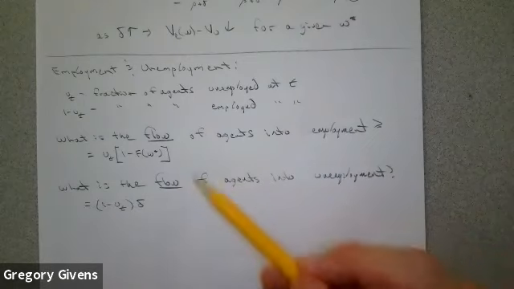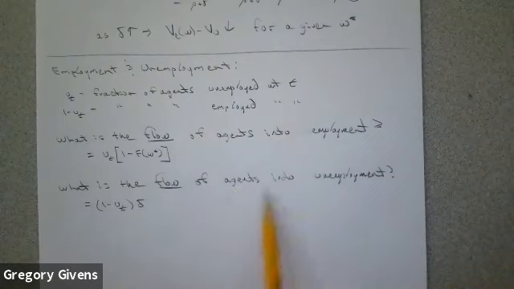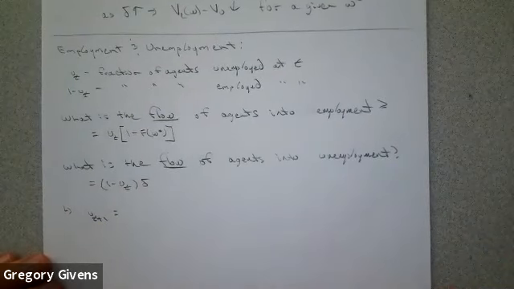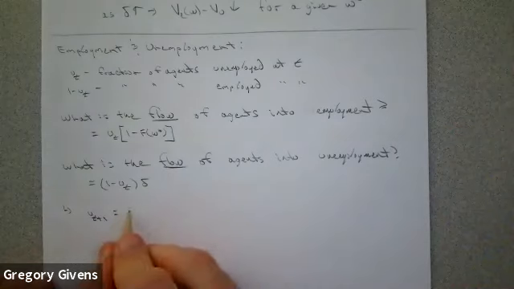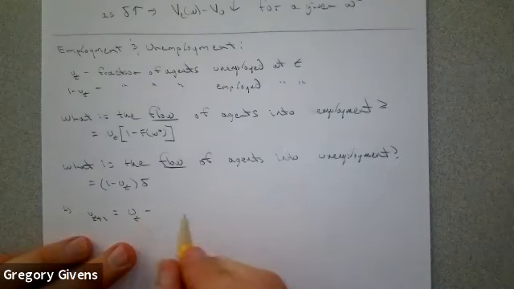By identifying these two flows of agents into employment and also of agents into unemployment, we can write down the linear law of motion then for the economy's unemployment rate. The unemployment rate, or the fraction of agents at date T plus 1 who are unemployed, is simply going to be all those people who were unemployed in the last period minus the flow of unemployed agents who are now working in period T plus 1.